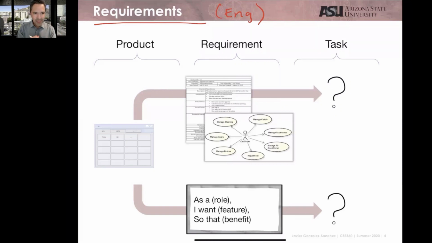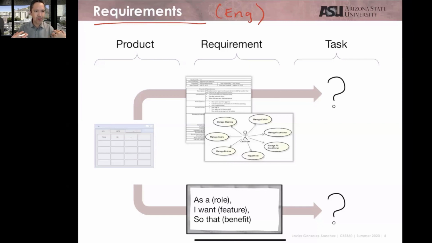That kind of lab instruction, that kind of specific requirement, is something that you give to a programmer, because the only work of the programmer is to transform that to code. However, if you're going to do software in real life, the customer is not going to give you requirements. The customer is going to give you ideas.